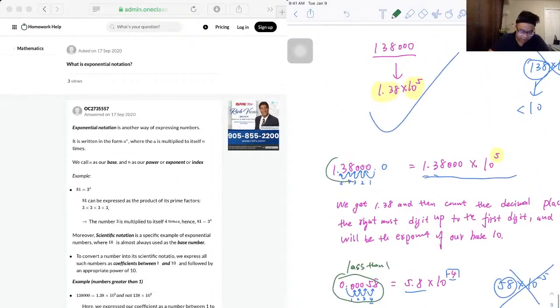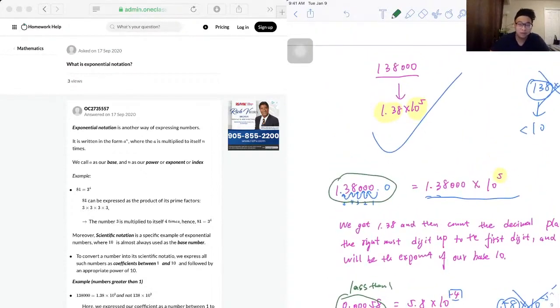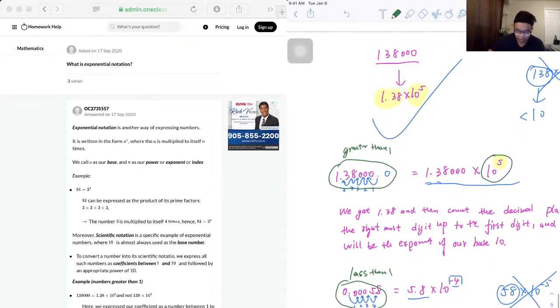And if we got a number like 1.38, like the example we had above, where the number is greater than 1, then if we convert it into a scientific notation, the exponent of 10 is always going to be positive. So I can see there's 5 there and -4 there. Right.